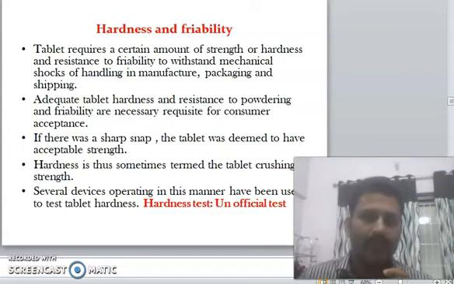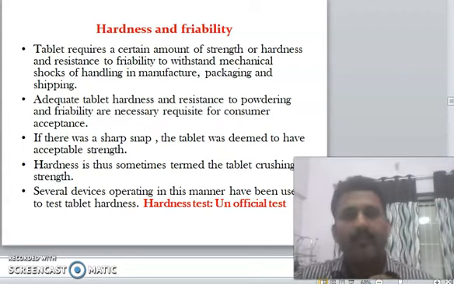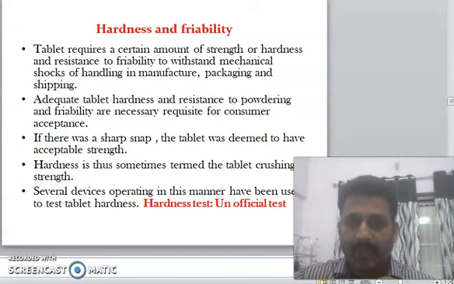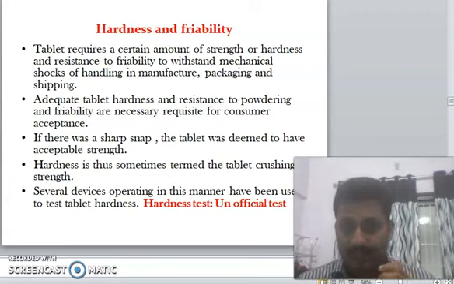That means the tablet should have sufficient mechanical strength so that it can resist friability. Adequate tablet hardness and resistance to powdering and friability are necessary for consumer acceptance also.